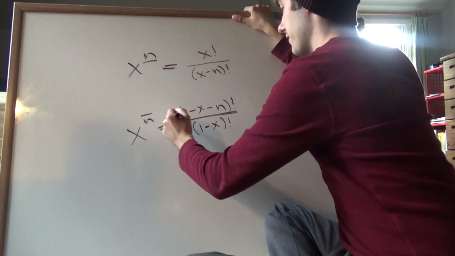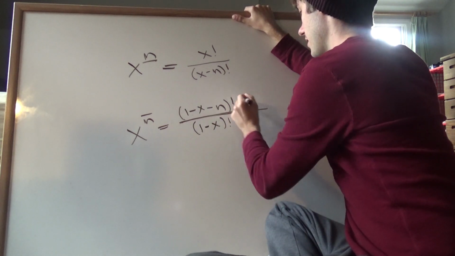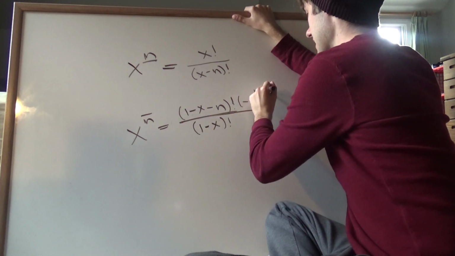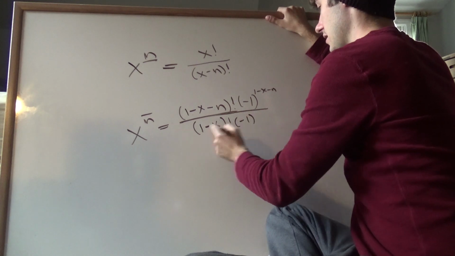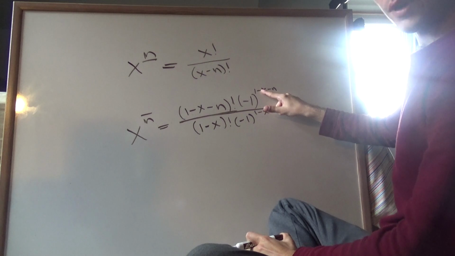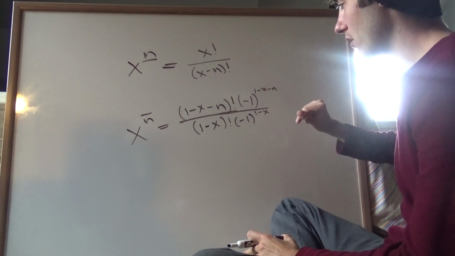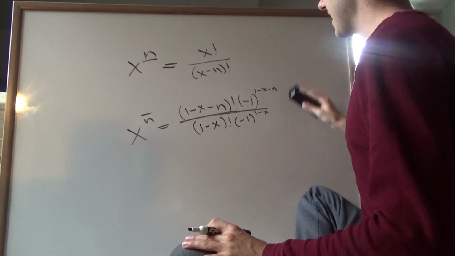But that many factors of negative 1 is just this amount, so we end up with negative 1 to the power of 1 minus x minus n. And here we get negative 1 to the power of 1 minus x. But of course, this many negative 1s cancels with this many negative 1s, and we're left with negative 1 to the power of n, which is the same as negative 1 to the power of negative n, which is the same thing as negative 1 to the n.